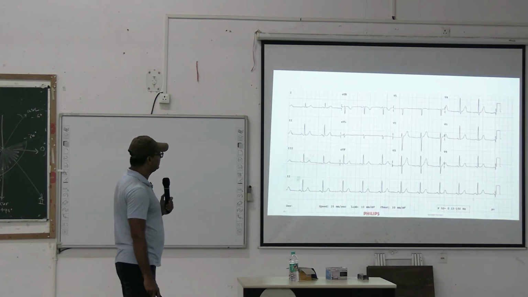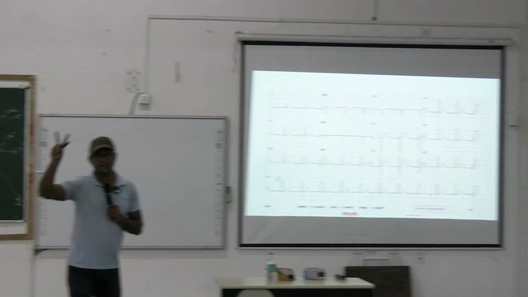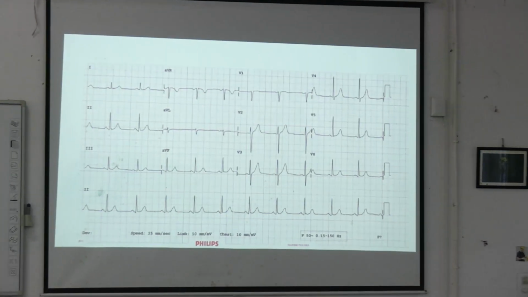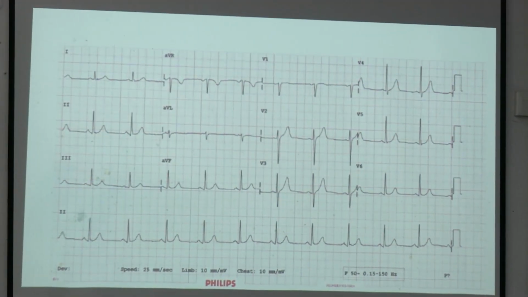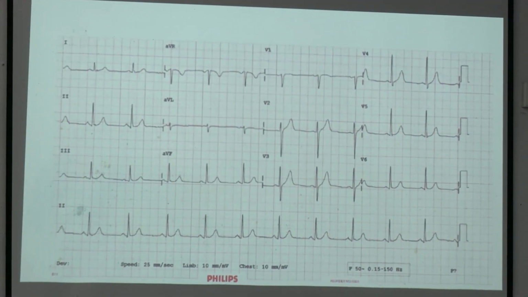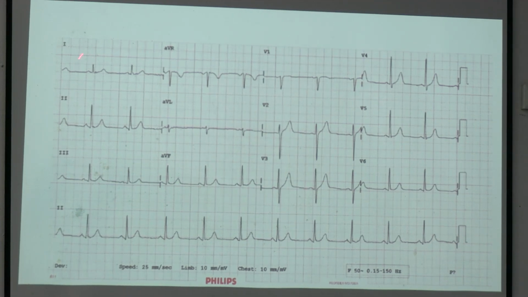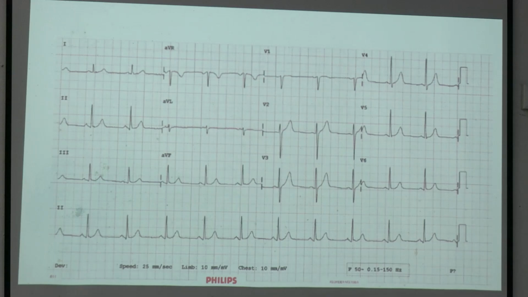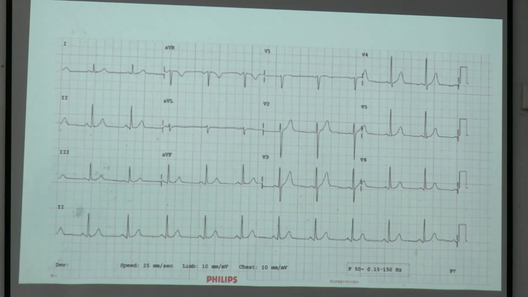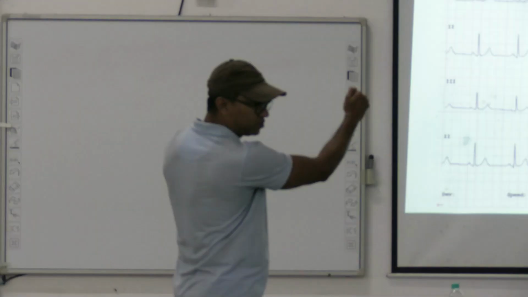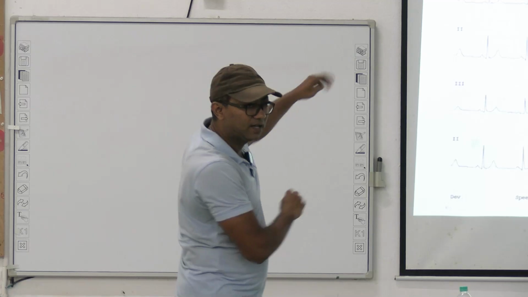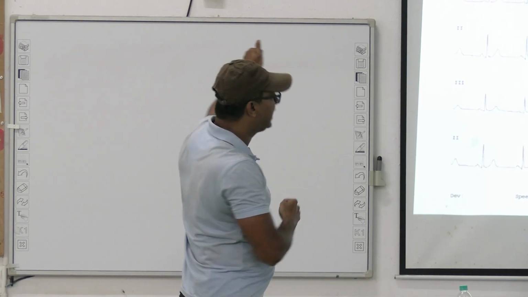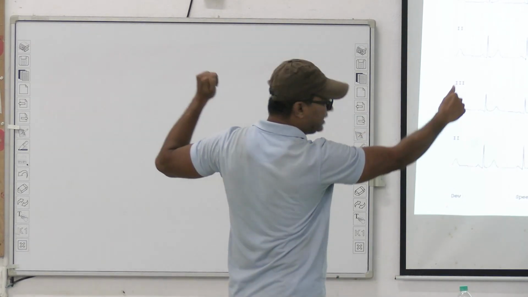Here is an ECG, we need to look at two leads, one is lead 1 and another is lead AVF. Take your two thumbs out, left thumb is for lead 1 and right thumb is for lead AVF.